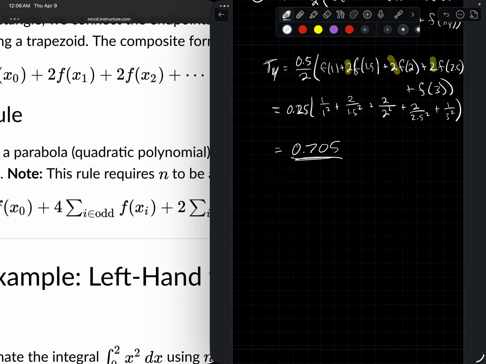So let me just write a little bit here, maybe pick a different color. In the trapezoidal rule, it was delta x over 2, and then f of x0 plus 2 f of x1 plus 2 f of x2 plus dot dot dot.